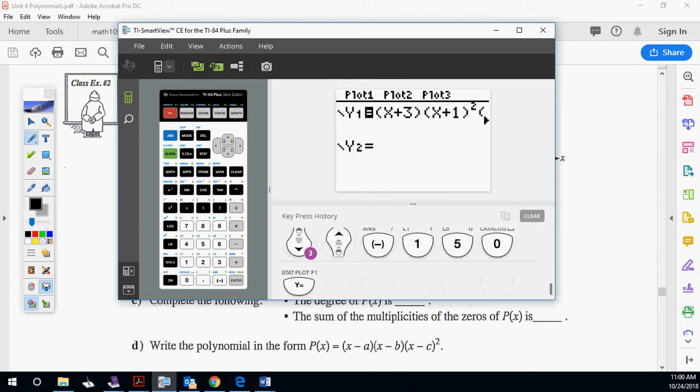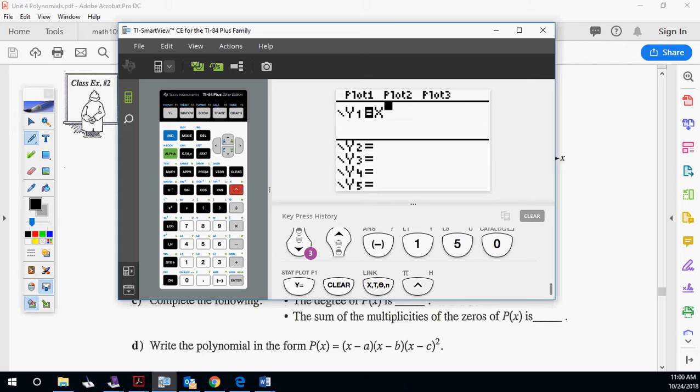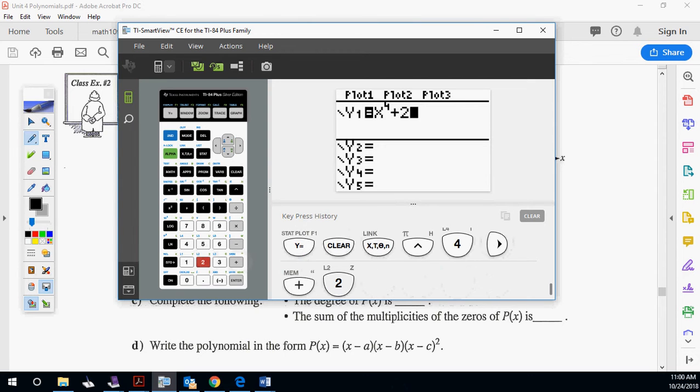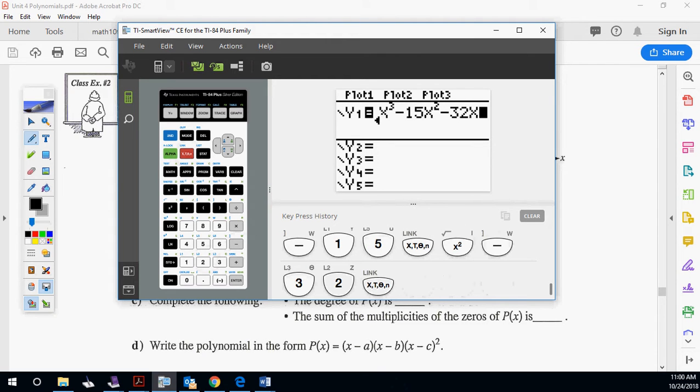Okay, x to the fourth, plus 2x cubed, minus 15x squared, minus 32x, and minus 16.